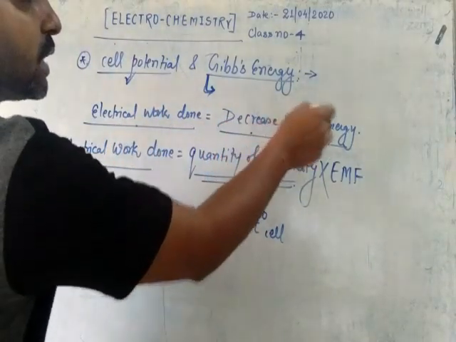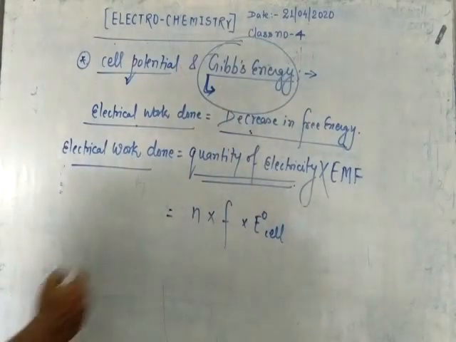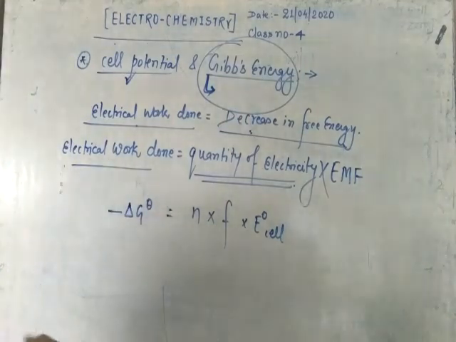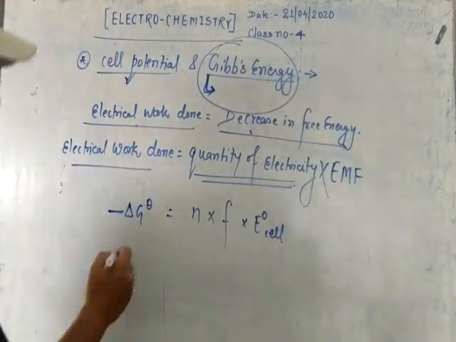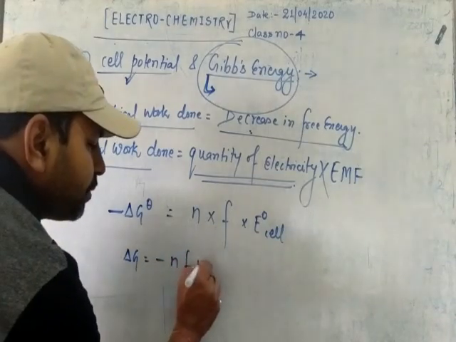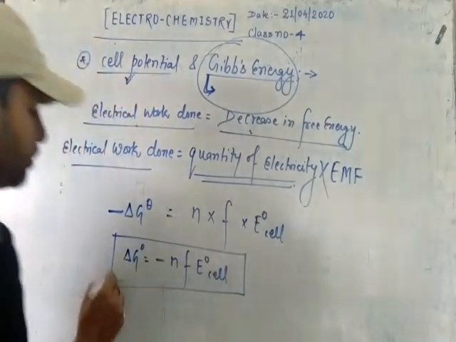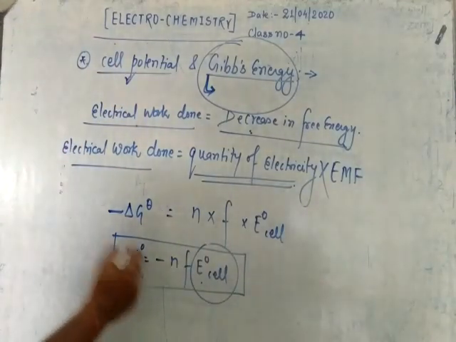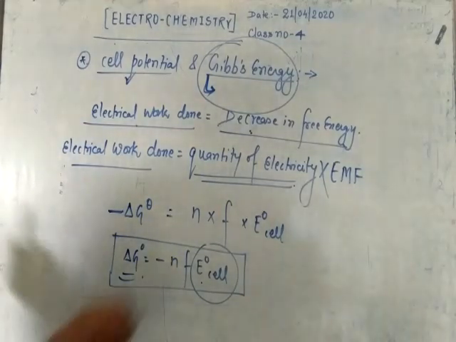Electrical work done is equal to the decrease in free energy, which is written as del G standard, the decrease in Gibbs energy. So students, del G equals minus nFE0 cell is the relation between cell potential and Gibbs energy.